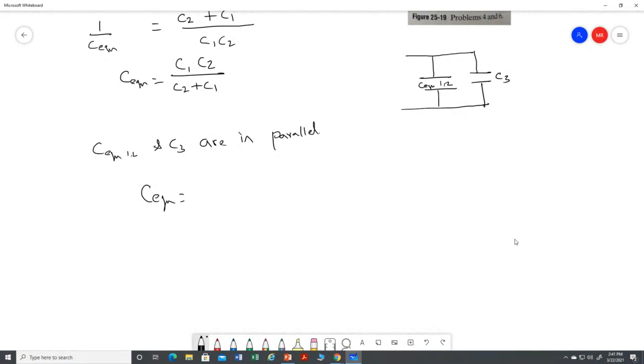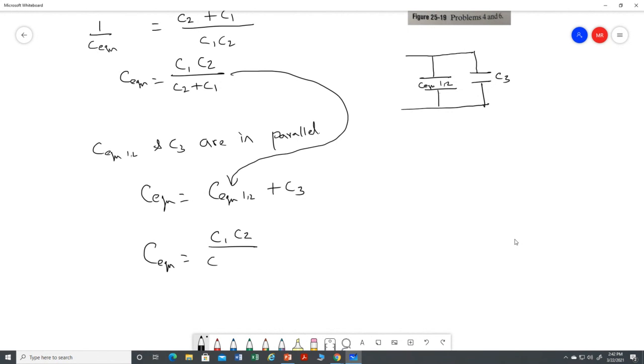C equivalent is equal to C equivalent of 1, 2 plus C3. So take this C equivalent and substitute here. If you substitute here, what will happen, my dear? My C equivalent is equal to C1 C2 over C2 plus C1, plus C3.